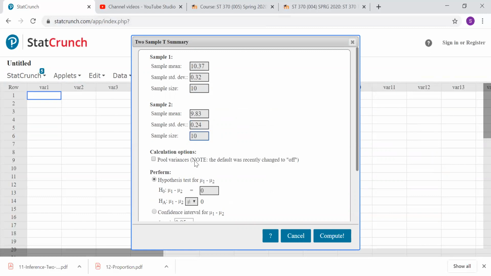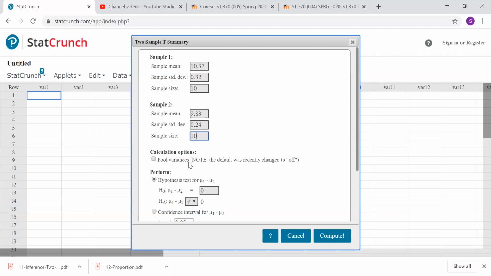Here is the option for the pooled variances. We didn't talk about the pooled t-test. Basically, you could have a better test if you are almost certain that your variances for the two groups are the same.